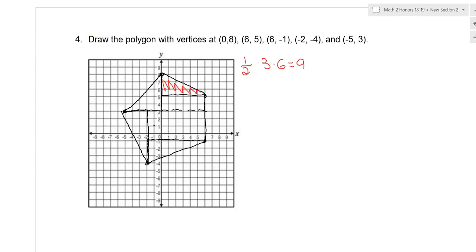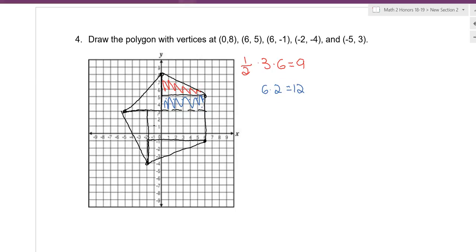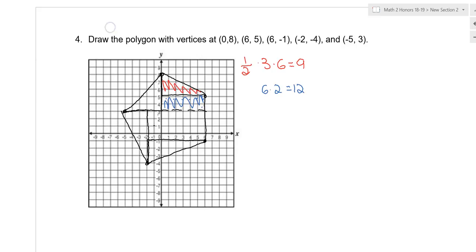The next one, we'll do this rectangle next. 3, 4, 5, 6 by 2 equals 12. Our next shape is this longer rectangle here, which is 1, 2, 3, 4, 5, 6, 7, 8 by 1, 2, 3, 4, which is 32.